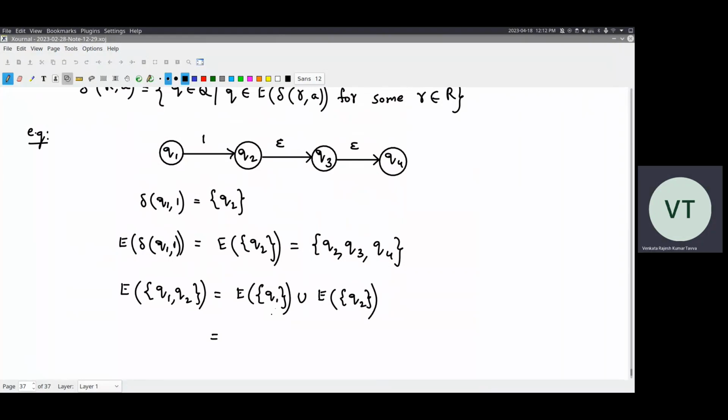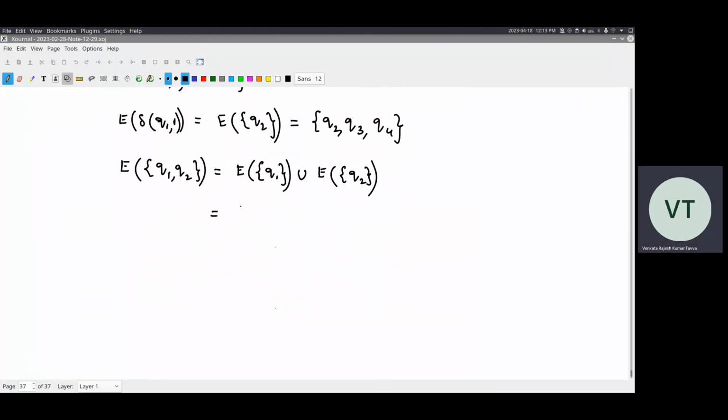You can reach Q1 to itself using 0 epsilon arrows. That's it. Every state is by default included. Other states are included only if there is either direct or indirect epsilon arrows. From Q1, there are no epsilon arrows. So only Q1 is the output of E of Q1. Okay.